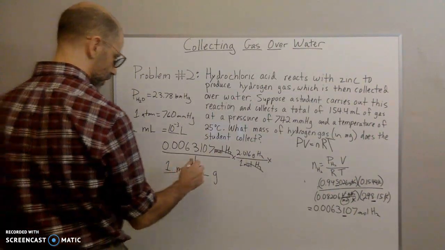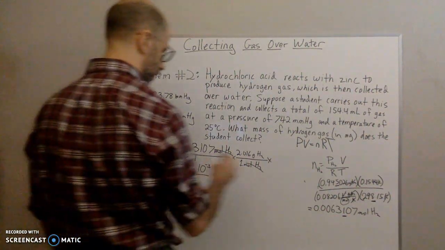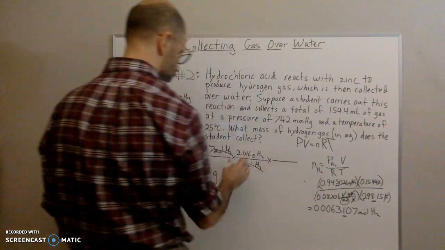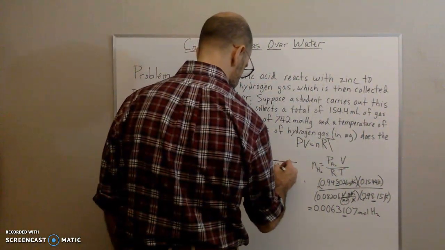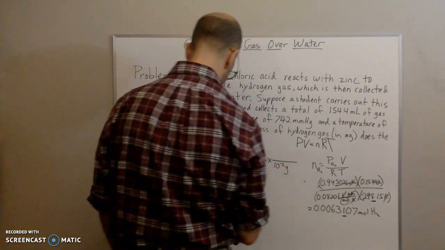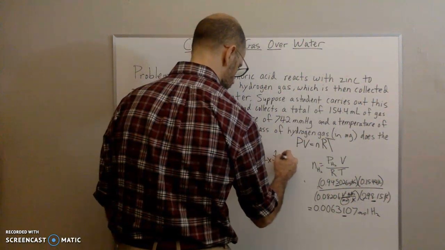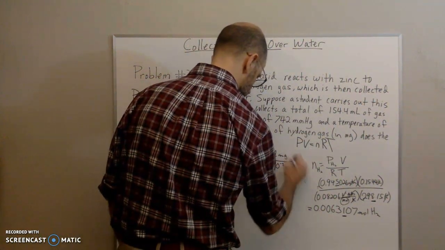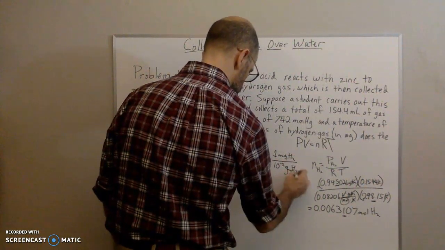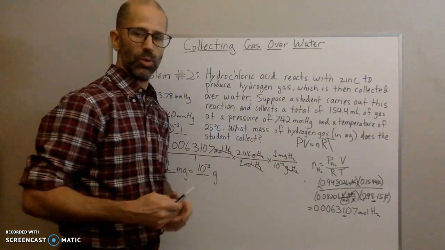So milli is 10 to the negative 3. So there's my equality that I'm going to use. So grams goes on the bottom, so 10 to the negative 3 grams goes on the bottom, and milligrams goes on top, so 1 milligram. So grams of hydrogen, I should write hydrogen here. So grams of hydrogen cancel out, and now I have milligrams, which is what I want.